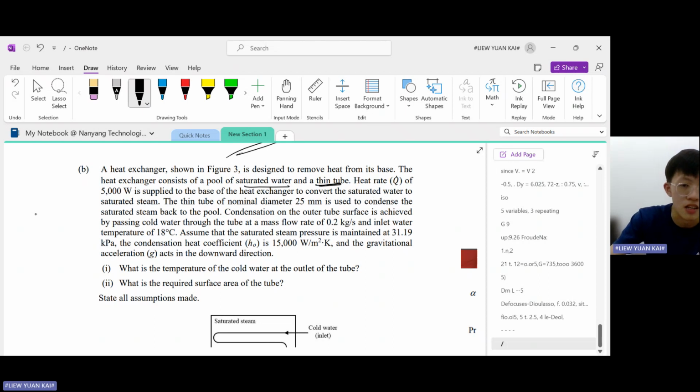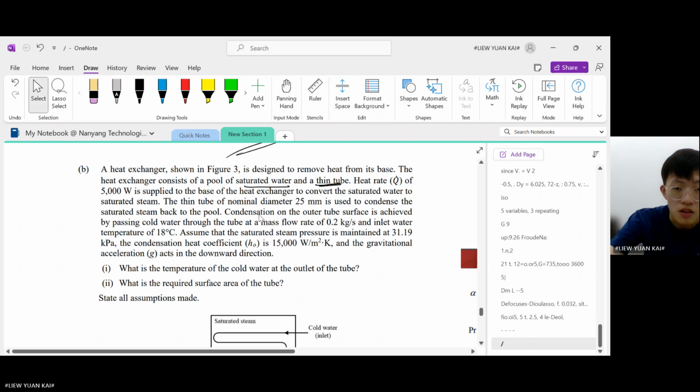The thin tube has a nominal diameter of 25 millimeters, and is used to condense the saturated steam back to the pool. Condensation on the outer surface is achieved by passing through cold water at a mass flow rate of 0.2, inlet water temperature of 18 degrees Celsius.